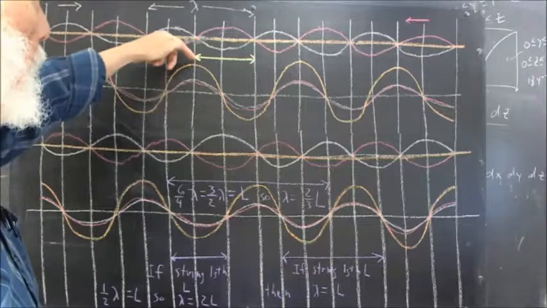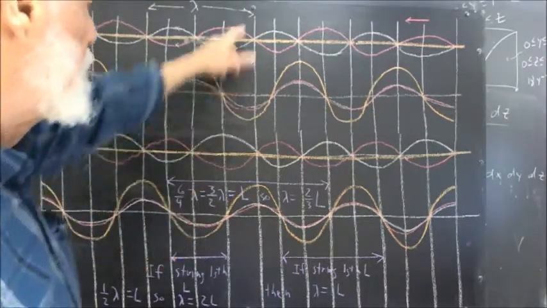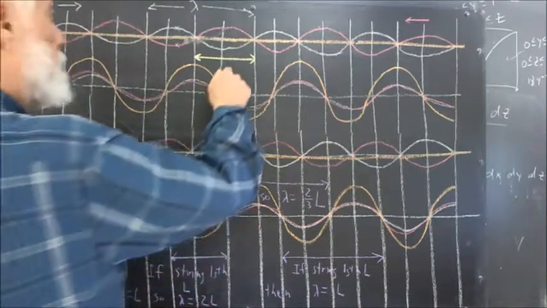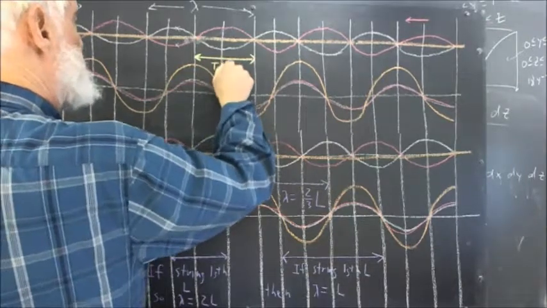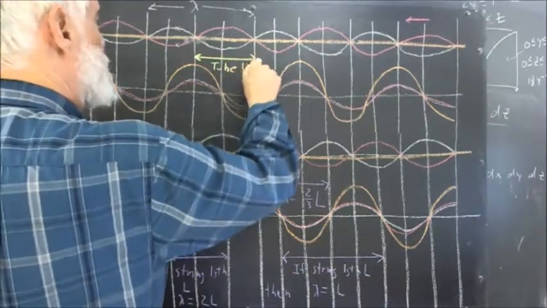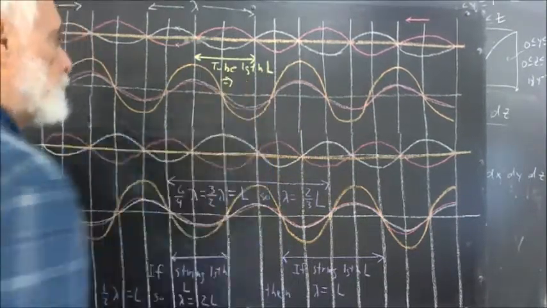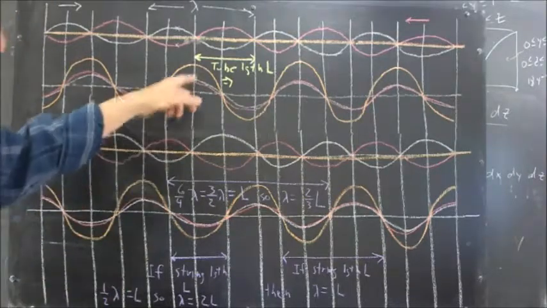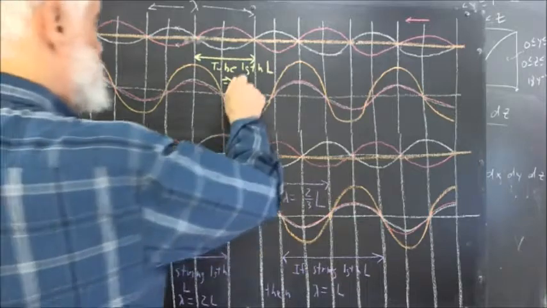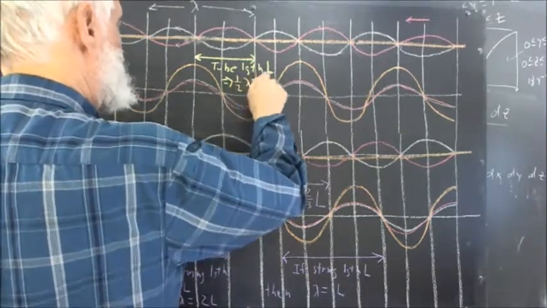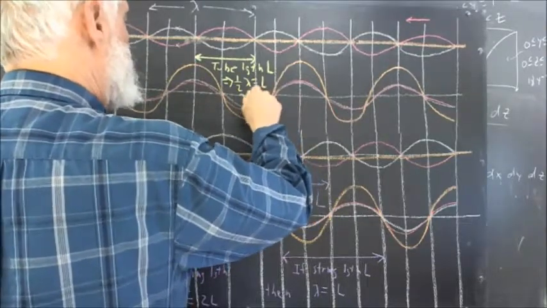A point that reaches maximum displacement as we move through time at this end and again at this end. So if this is L, a tube of length L, it implies what? Well, how much of a wavelength do we have between this end and this end? Half of a wavelength. So that lambda, again, equals 2L.